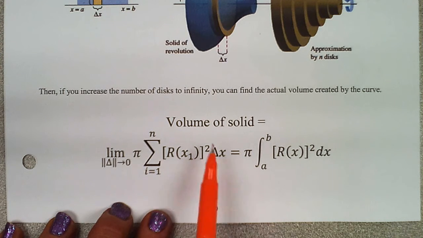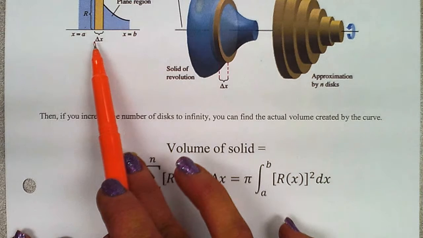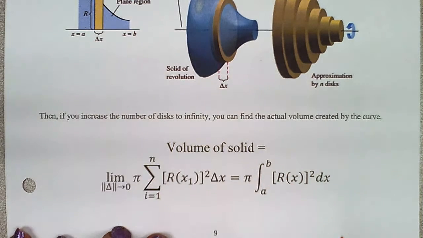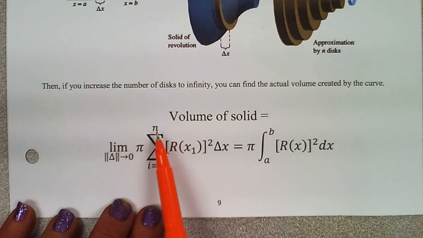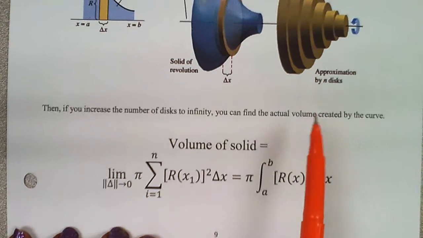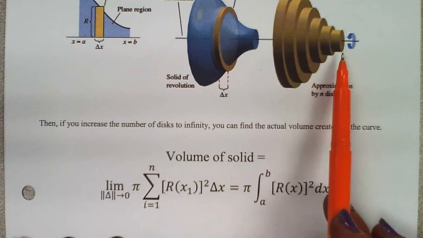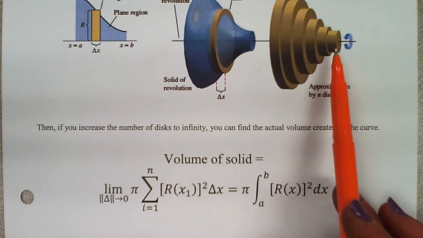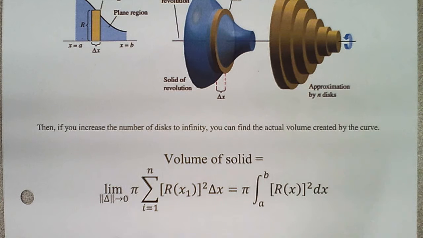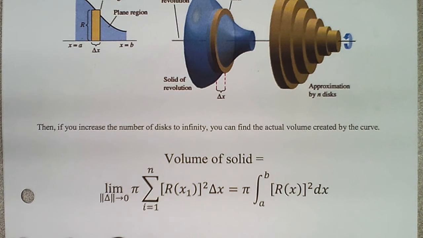This delta x is going to be the width of these rectangles, so it's how that's changing there. Here the summation from i equals 1 to n, n means here we're going to have however many rectangles to create these different disks that we would have. So here there's 1, 2, 3, 4, 5, 6 disks. So if we wanted to find it just like this, we would just go to 6.